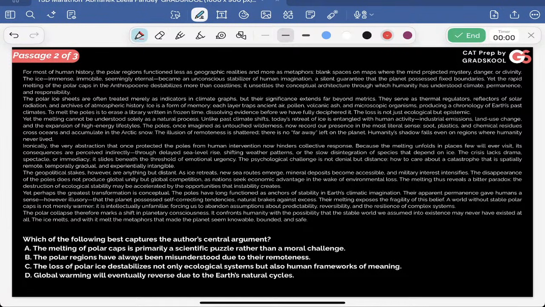See, even if this passage looks scientific, it has a lot of philosophy and psychology in it. The tone of option C balances fairly between the two worlds of philosophy and science. Global warming will eventually reverse due to Earth's natural cycles, but that is not the argument. So we'll go with C because it balances both the science, technicalities, and the philosophy.